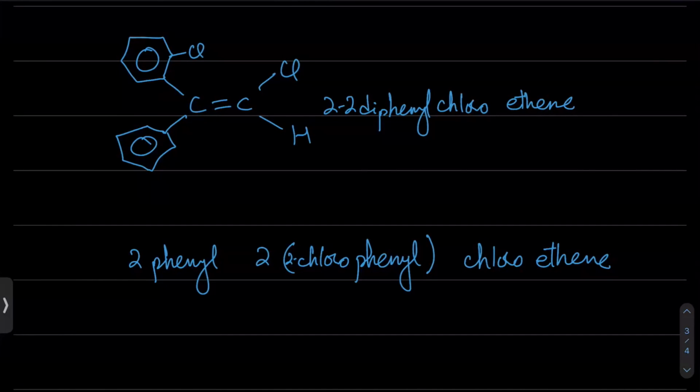So 2, then bracket 2-chlorophenyl chloroethene. Make sense?